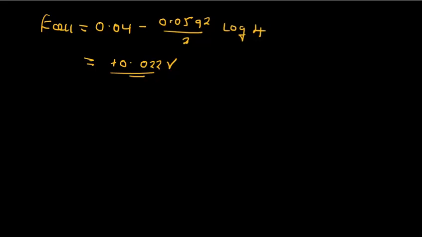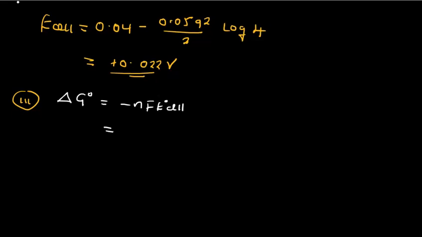Then the other question is number 3, which is on free energy. So this one now is equal to negative nFE at standard. This is the equation we use, where n is the number of electrons transferred, F is the Faraday's constant, E is the Ecell that we calculated.